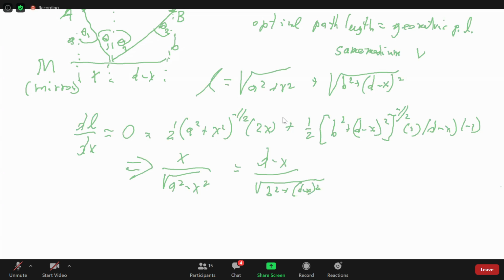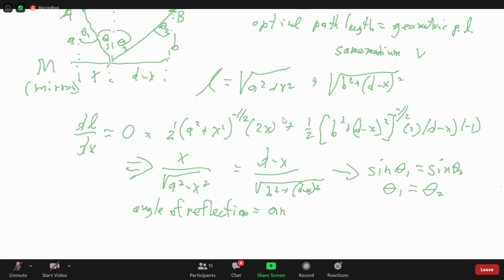Again, if you look at the picture in terms of the angles, what this tells us is that sine theta 1 is equal to sine theta 2, or actually, even better, theta 1 equals theta 2. In words, the angle of reflection is equal to the angle of incidence.